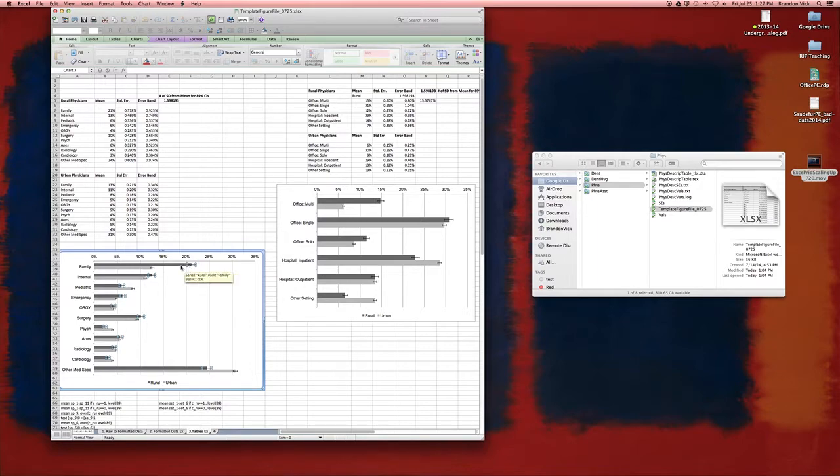Okay, so here, the family mean is about 21%. The error bands go up plus or minus 1%. Okay, so that's what that's showing here. 21%. The error band is between 20 and 22. The urban mean and error band is way down here, near 13%. Okay, there's no overlap here. It's clearly a difference.